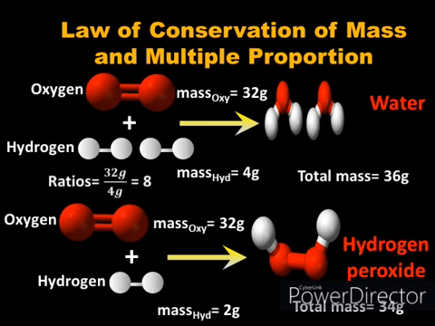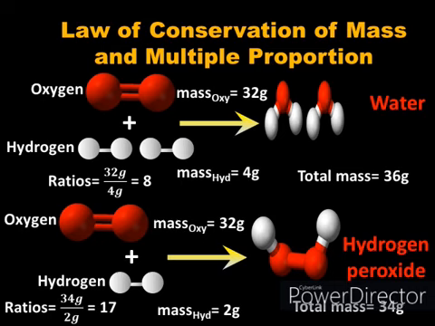Now if we take the ratios of both of these: for H2O, the water, the ratio is 32 gram by 4 gram, and it is equal to 8. So the ratio is a whole number. Similarly, for H2O2, it is 34 gram divided by 2 gram, and it is 17.